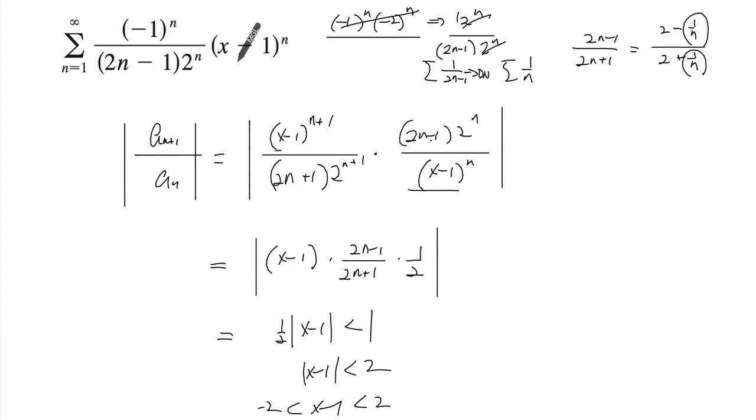Let's check 3 now. The difference is when you plug in 3, it's going to be positive 2, right? So it's going to be negative 1 to the n, 2 to the power of n, 2n minus 1 is the same. So now it's a harmonic series, but it's alternating, right?